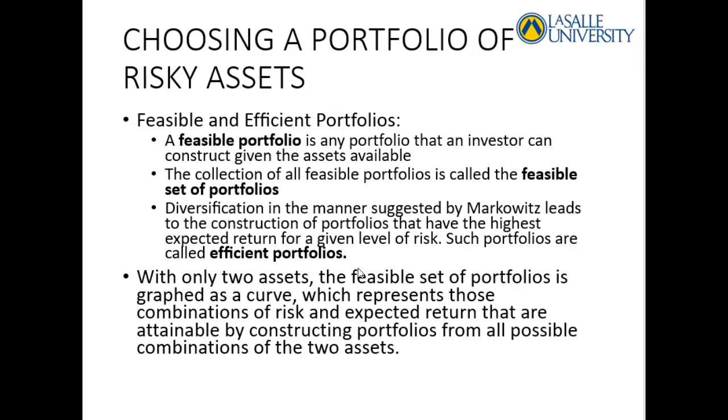So you can think of efficient portfolios as a subset of all feasible portfolios. So the efficient set of portfolios would be a subset of the feasible set of portfolios. With two assets in a portfolio, the feasible set of portfolios can be graphed as a curve, which represents the different combinations of risk and expected return that we can achieve by constructing a portfolio with different asset allocations.